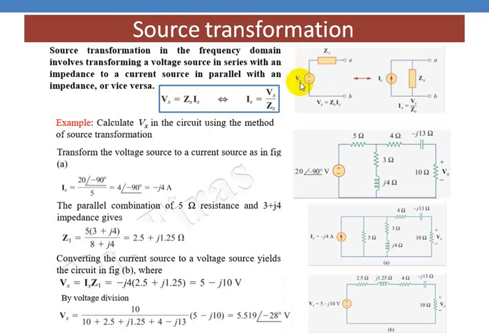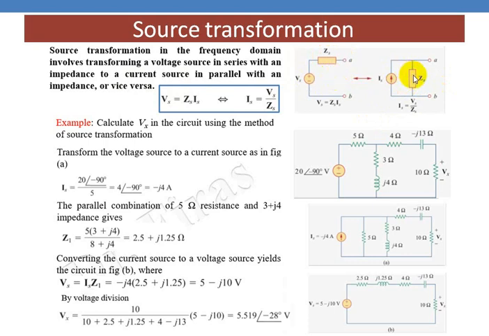Suppose you are going to convert this to this, then the current Is will be equal to Vs divided by Zs, and Zs you have to draw in parallel. So current source in parallel with impedance. This is how you convert a voltage source to a current source.